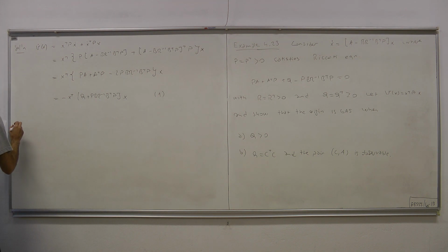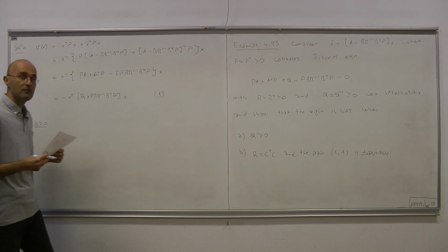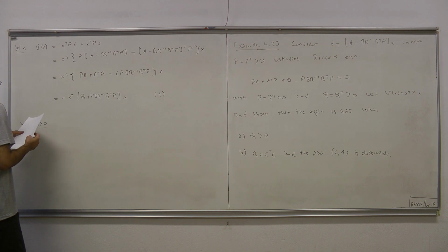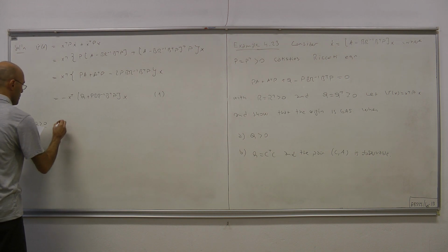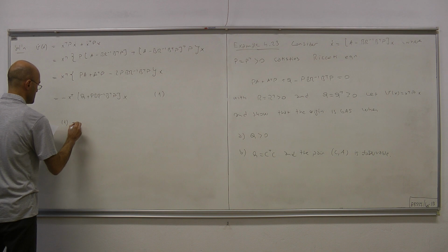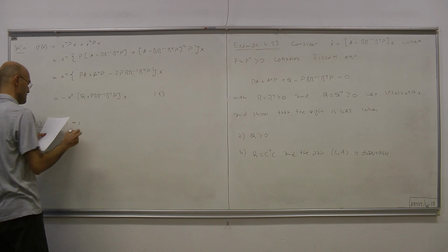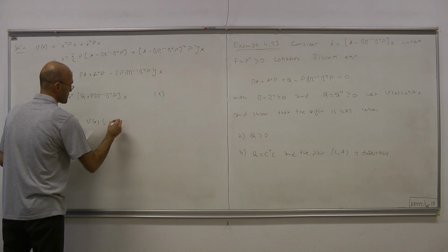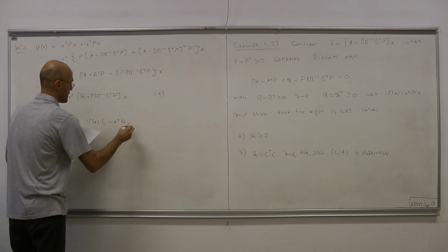Okay, now part A is easy, where Q is given to be a positive definite matrix. So this equation 1 implies that V dot of x can be upper bounded by minus x transpose Qx.